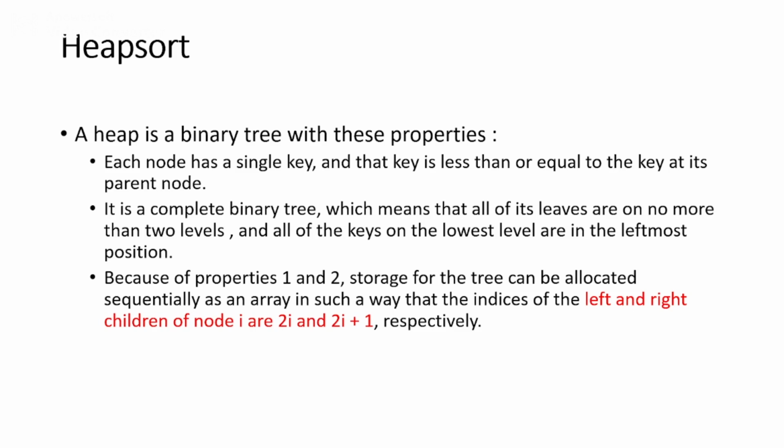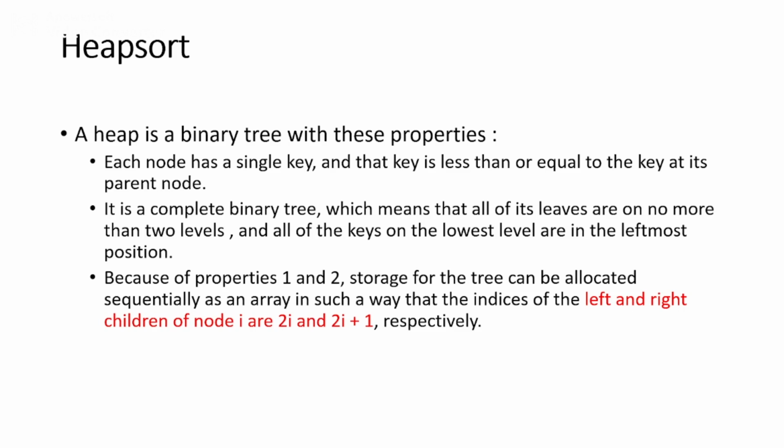Each node has a single key, and that key is greater than or equal to the key at its parent node. It is a complete binary tree, which means that all of its leaves are on no more than two levels, and all of the keys on the lowest level are in the leftmost position.